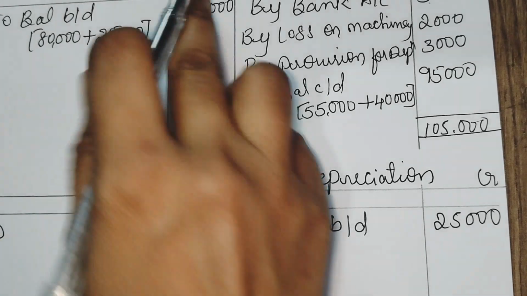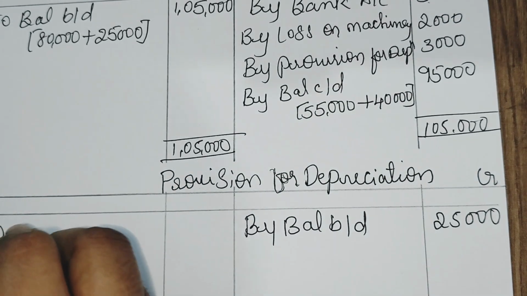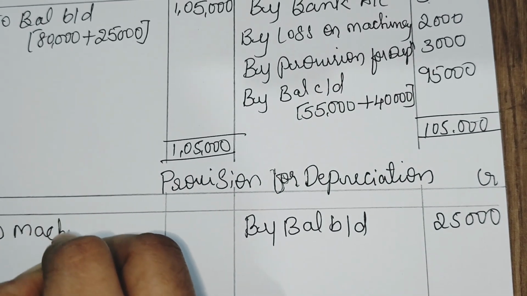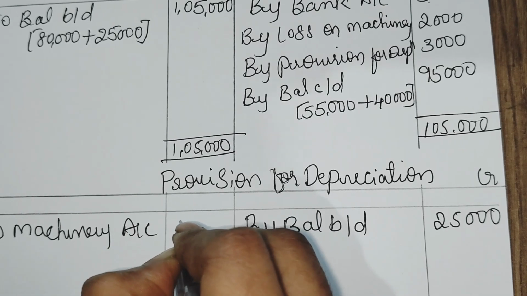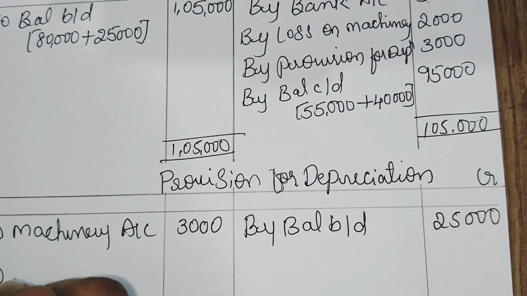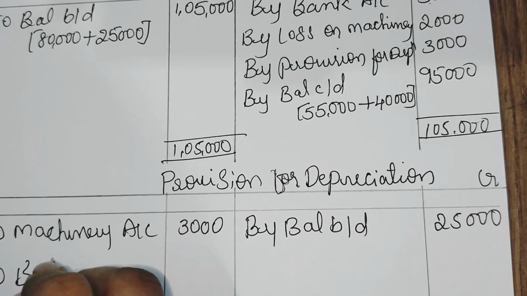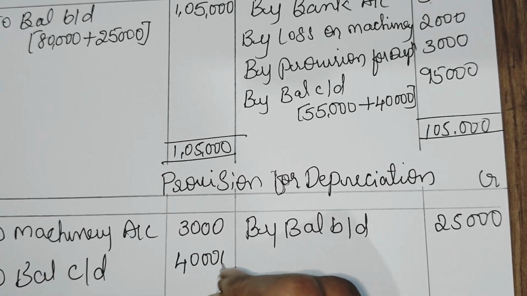Here in the machinery account, the provision for depreciation account is credited, so here we are debiting the machinery account, 3,000. Then closing balance carry down is 40,000.